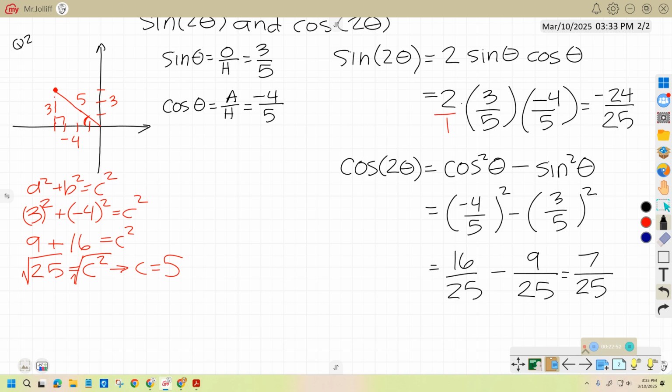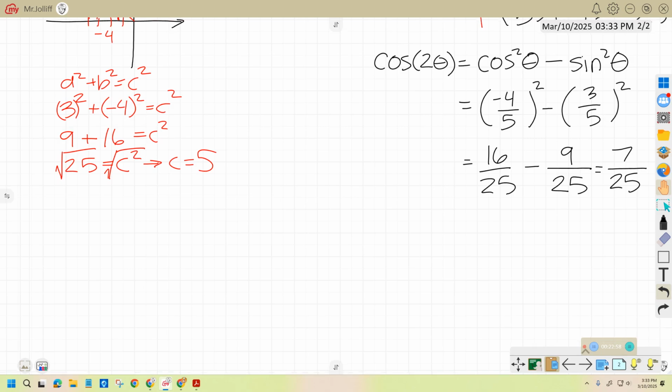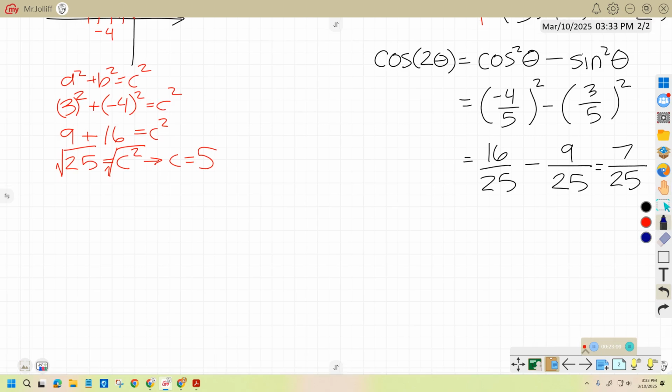I have a question for you. They asked us for sine of 2 theta and cosine of 2 theta. What if they asked us for tan of 2 theta? How could we find tan of 2 theta?